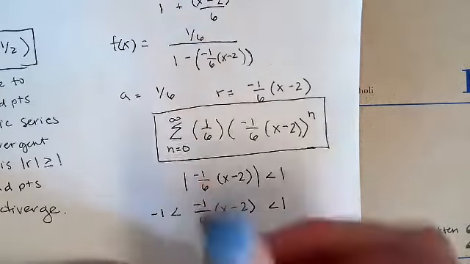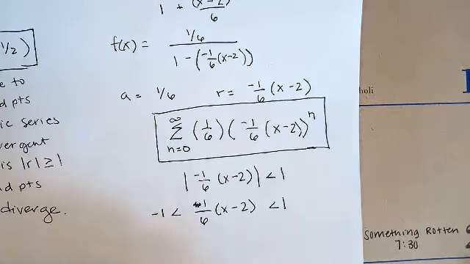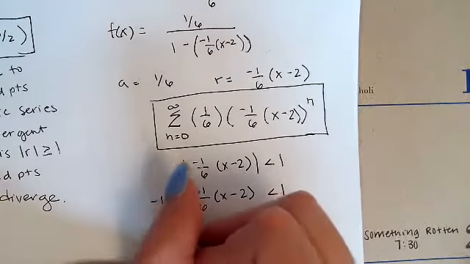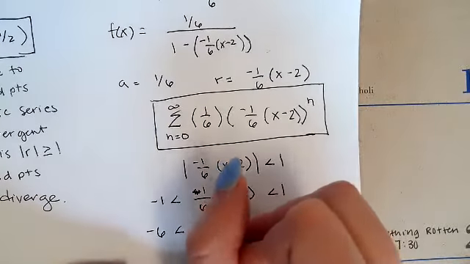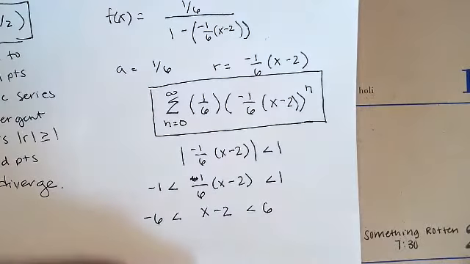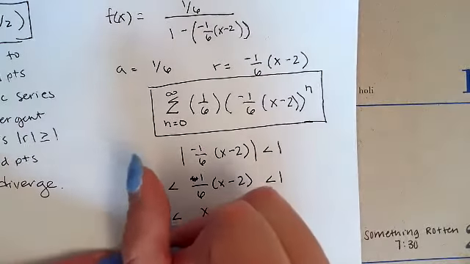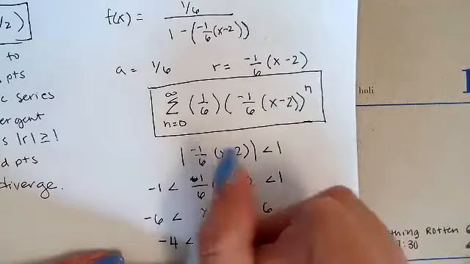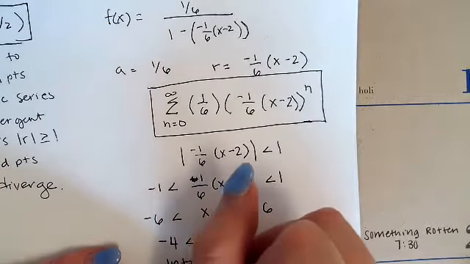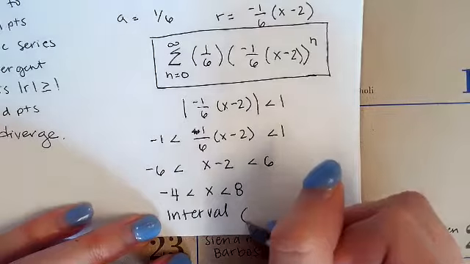Well, the absolute value will take care of the negative, right? Oh, yes, you're right. So yes, just multiply by 6. Then add 2. So our interval is where? -4 to 8. Good.